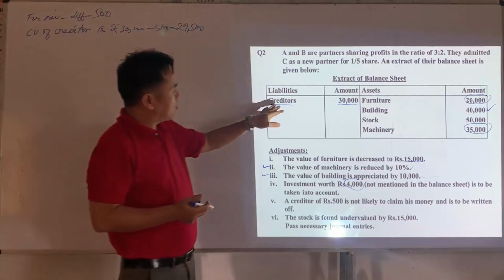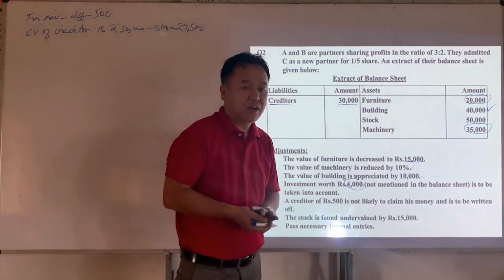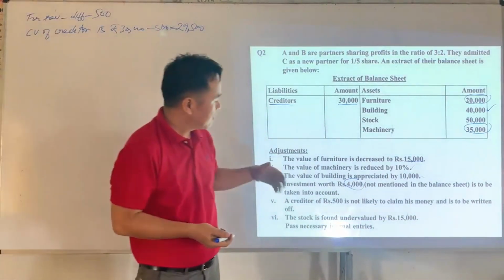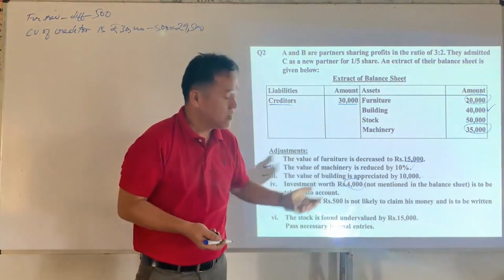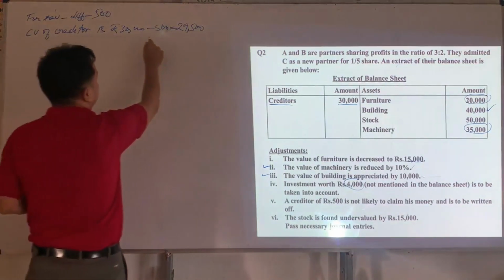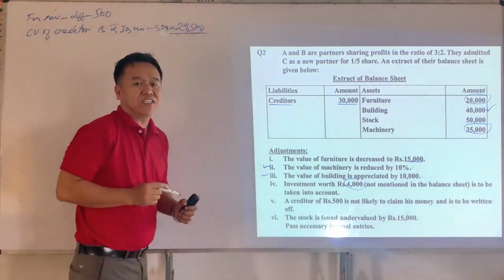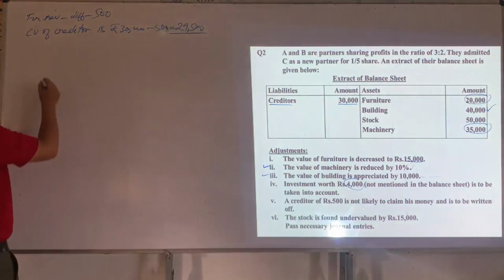So the actual amount which is to be paid to creditor is 30,000. Now we have to pay only 29,500 since one of the creditor is not likely to claim this money. Therefore, it is written off. Okay. So this is the amount which is payable to creditors, and this amount will be shown in the new balance sheet.